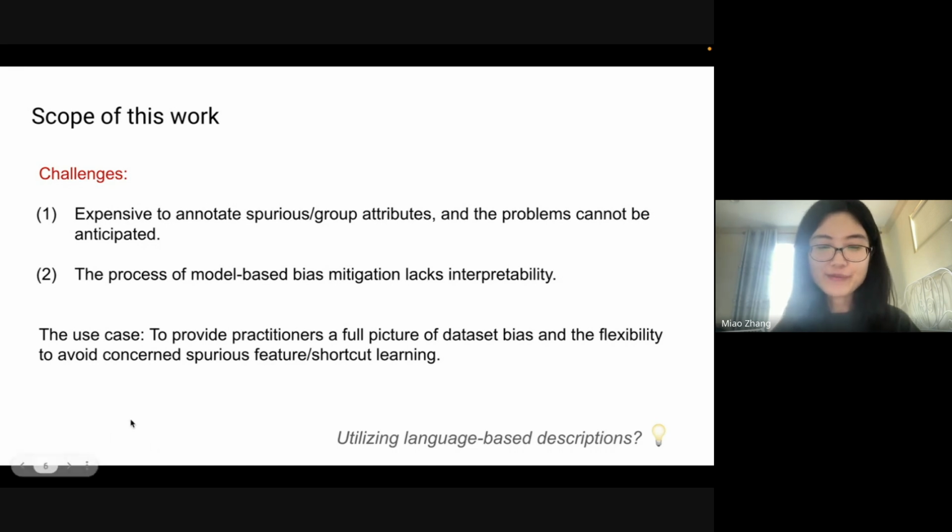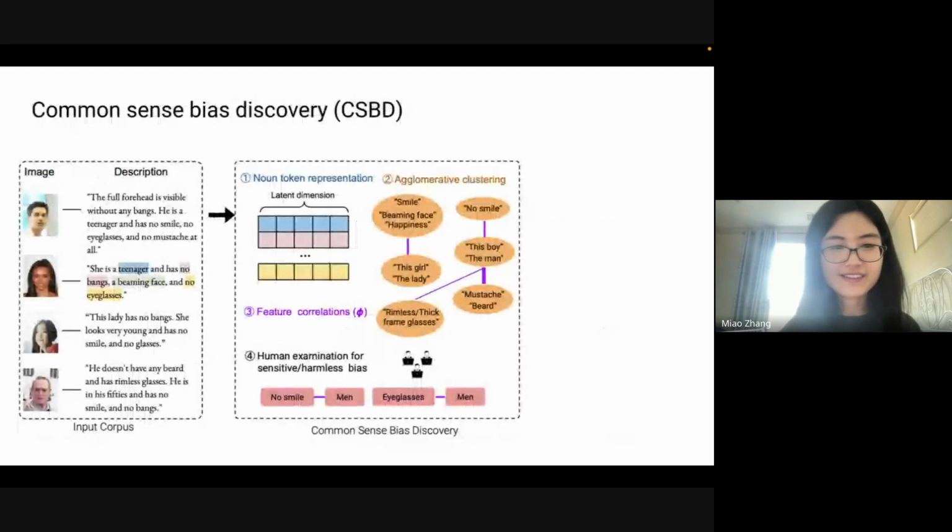Yeah, then one solution that comes to us is to utilize language-based descriptions. Text-based natural language is a common-sense-rich modality. So we aim to extract high-level information from the language to help with the image training.